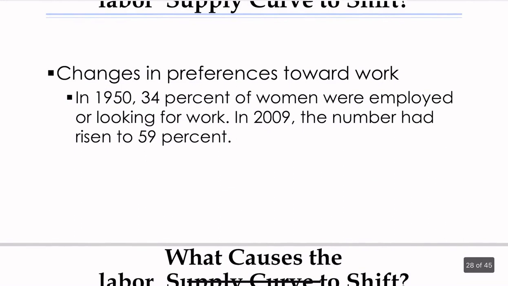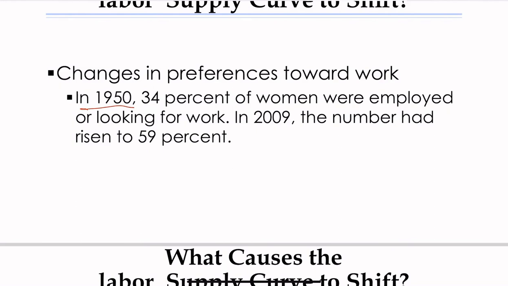So changes in preferences basically means that if working is more preferred compared with not working, then you can imagine that the labor supply curve will actually increase, right? For example, in 1950, 34% of women were employed or looking for a job.